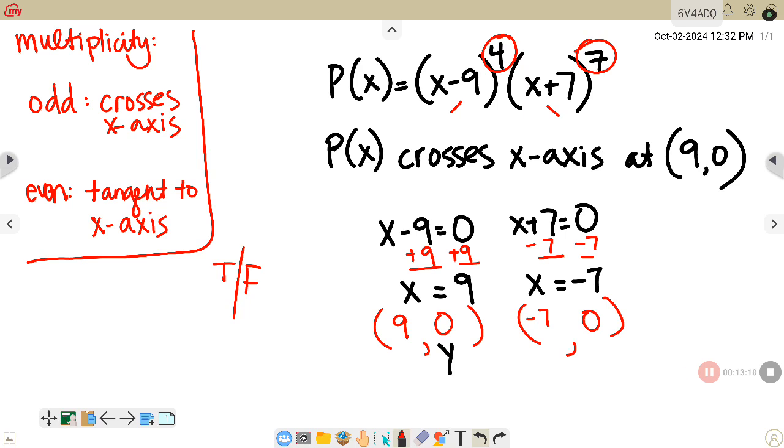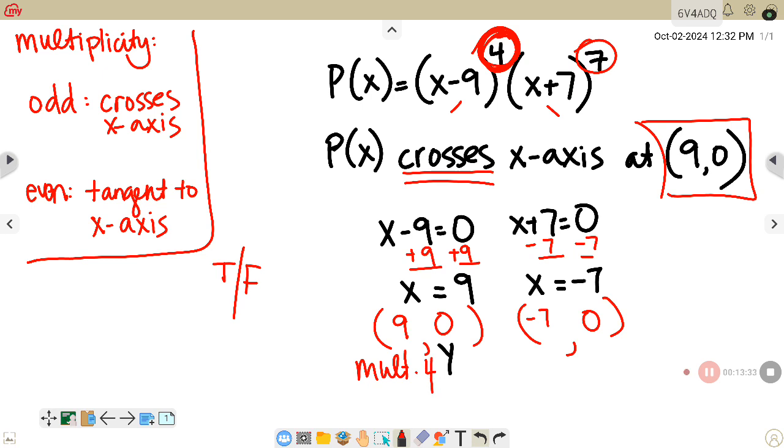So this is the one they're talking about. It's saying it crosses the x-axis at 9, 0. Well, what was this factor's multiplicity? This number, that outside exponent, was a 4. So it had multiplicity of 4, which is even.